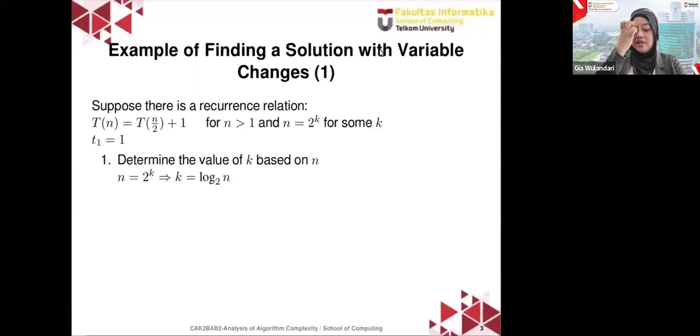Okay, and now we will go to the last technique we can use to solve a recurrence relation, which is called variable changes.